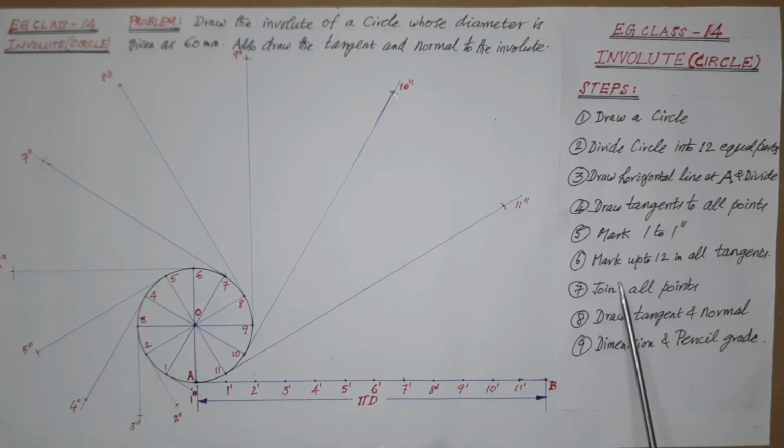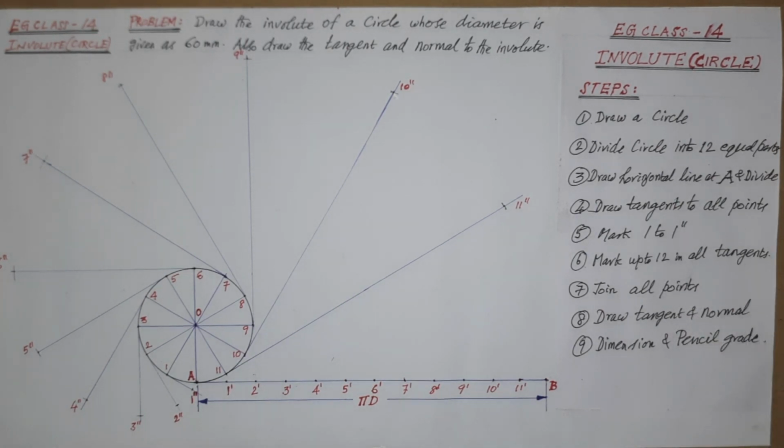Next, as per step 6, mark up to 12 double dash in all tangents. Mark all the points similarly, that is taking A to 2 dash as distance on the line and mark it from 2 to 2 double dash as shown.